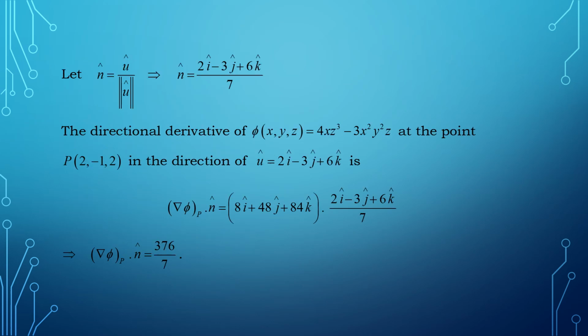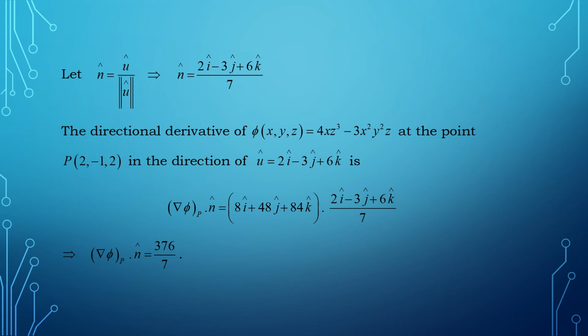We have to find the unit vector n cap. n cap equals u cap divided by norm u cap. So n cap equals (2i cap minus 3j cap plus 6k cap) divided by 7. This gives us a unit vector n cap in the direction of u cap. The magnitude of n cap is 1. The direction of n cap is the same as that of u cap.